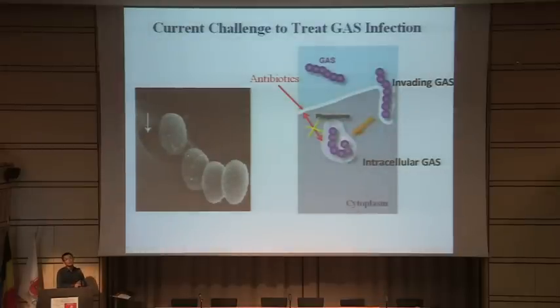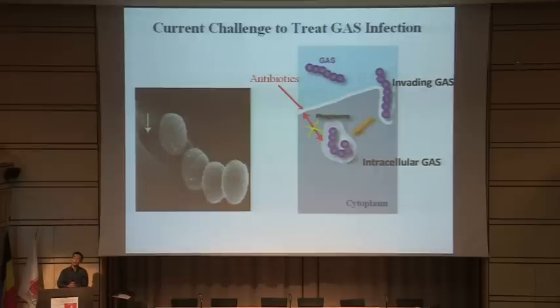One of the interesting things about strep is that, although they are considered extracellular pathogens, many of them have a remarkable capacity to invade human epithelial cells, as shown here. Their invasion of the human epithelial cell can help them hide from antibiotic action because of the natural barrier of the lipid bilayer of the plasma membrane.